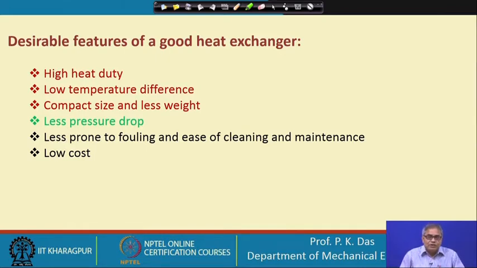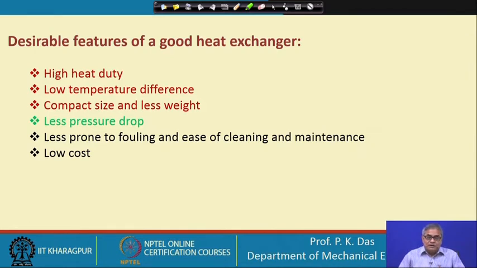Heat exchanger should have a high heat duty. Of course, it should be qualified that for a given volume or given envelope shape of a heat exchanger, it should have the highest heat duty as far as practicable by the technology available.